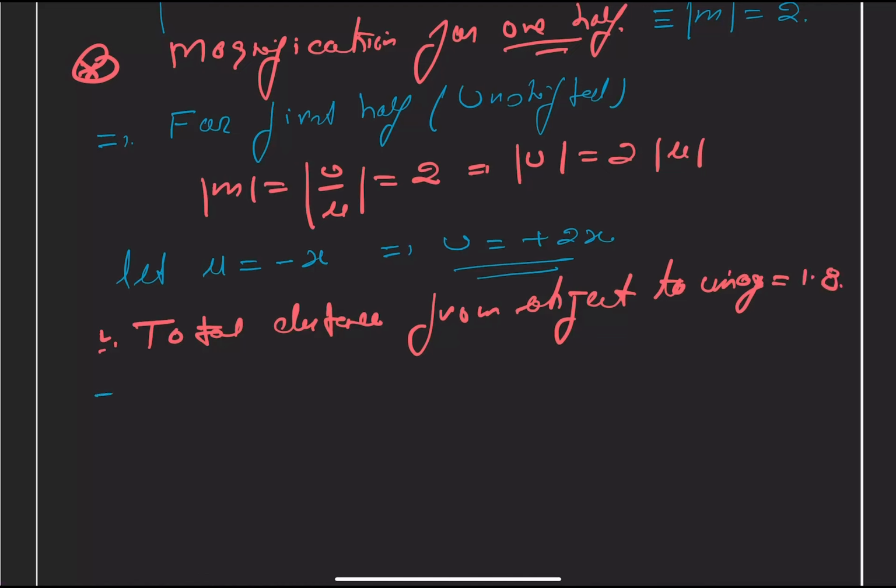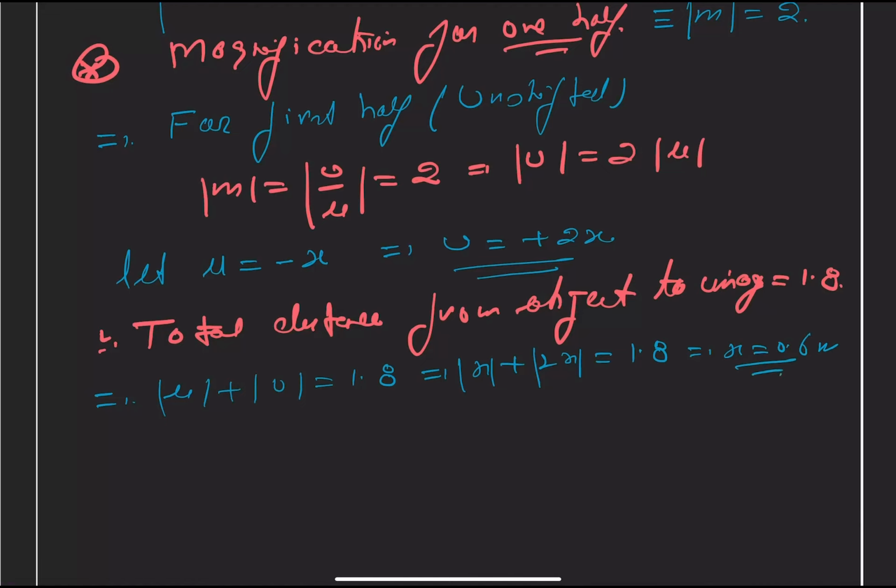Therefore we can write that our U plus V will be equal to 1.8. So this gives us X plus 2x, because we are only interested in the actual distance, so we take their modulus, will be equal to 1.8, and this gives us that our X is equal to 0.6 meters.